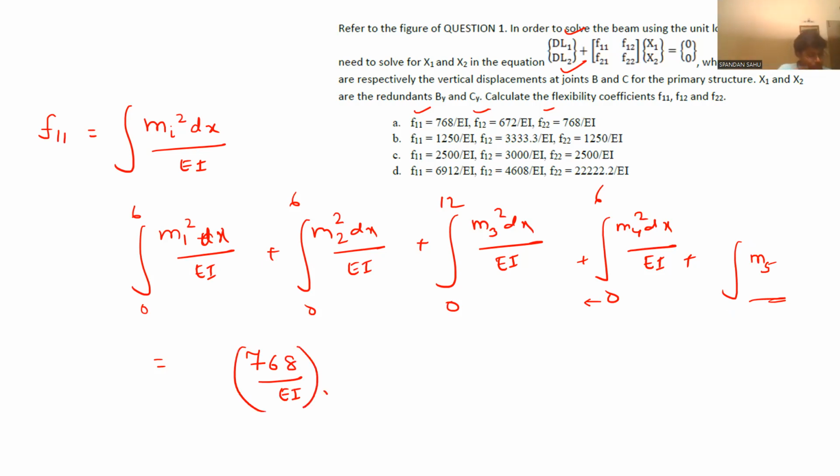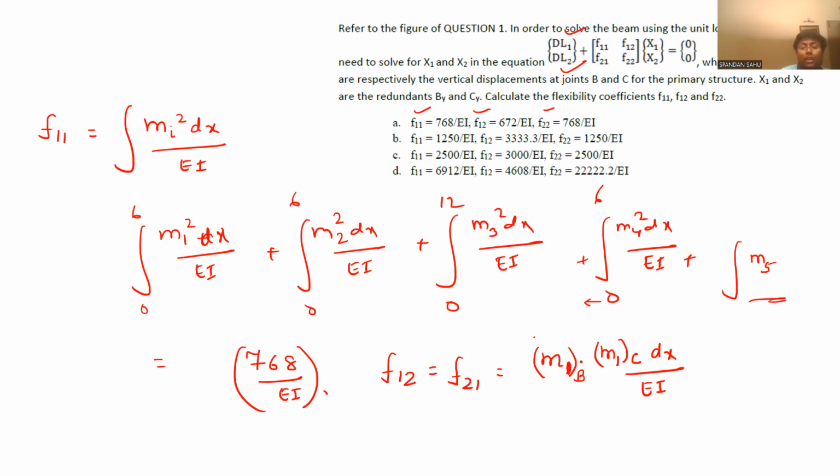Now, tell me how to find F12 and F21. Will they be equal or not? Equal. M1 into M2, M1 of B and M1 of C, dx by EI.